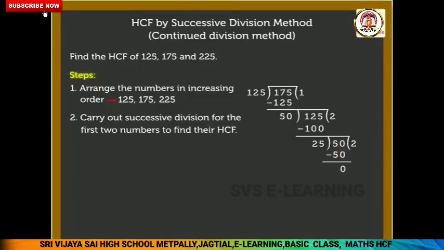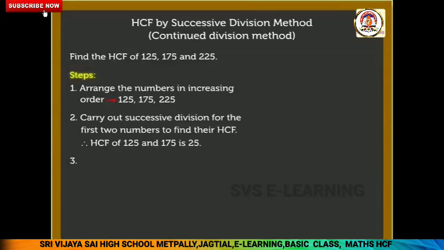Here we got the remainder as 0. The divisor we get at the end is the HCF, which is 25 here. Therefore, the HCF of 125 and 175 is 25.